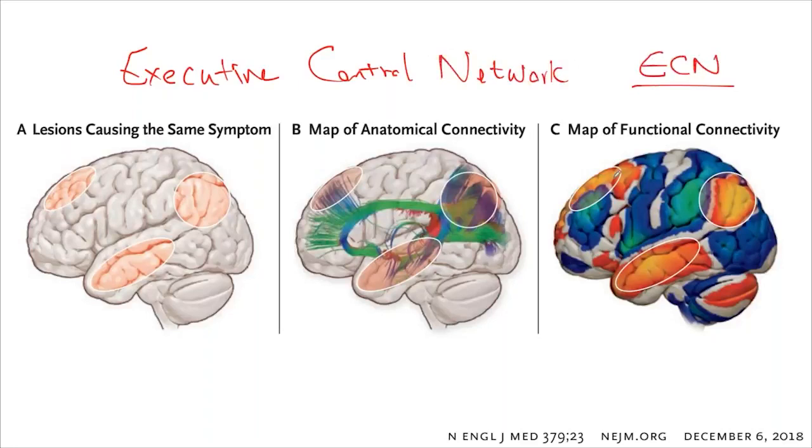They are all nodes of the same network. Whether we measure that with DTI or anatomical connectivity, they are connected to each other, or whether we use functional connectivity with fMRI. So this is fMRI, this one is DTI. With all these measures, we can see that these areas are connected. And they all play a role in the executive control network. So that is the reason that all these 3 patients could have the same symptoms.